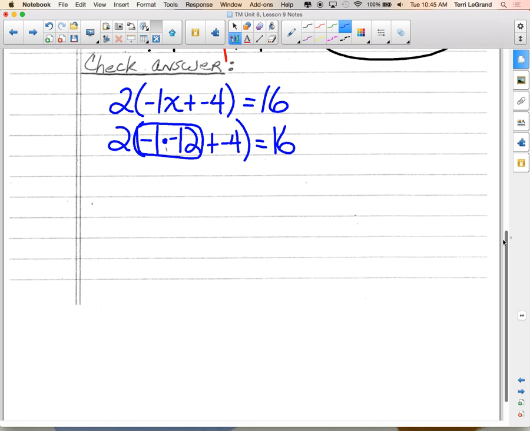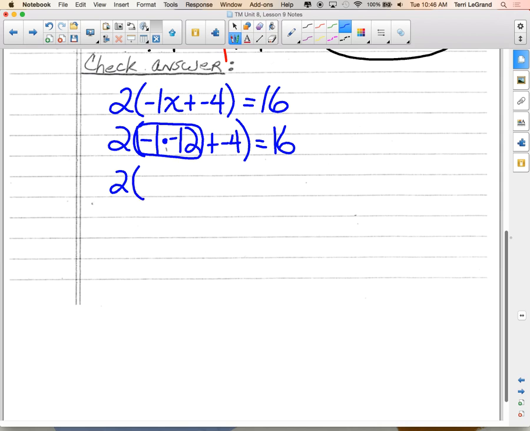Okay, order of operations says what? What's first in order of operations? Well, no, long before that. Parentheses. And then when you have parentheses, inside those parentheses, you have to do what? Order of operations. So what would we do first inside those parentheses?